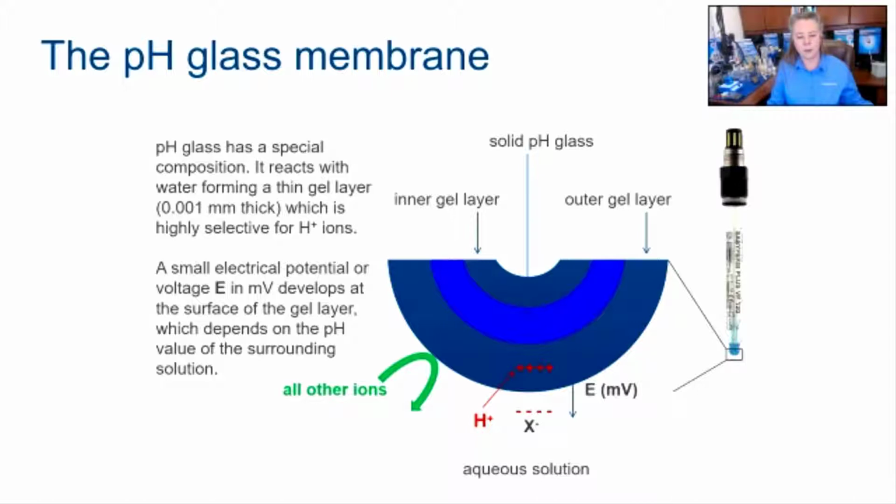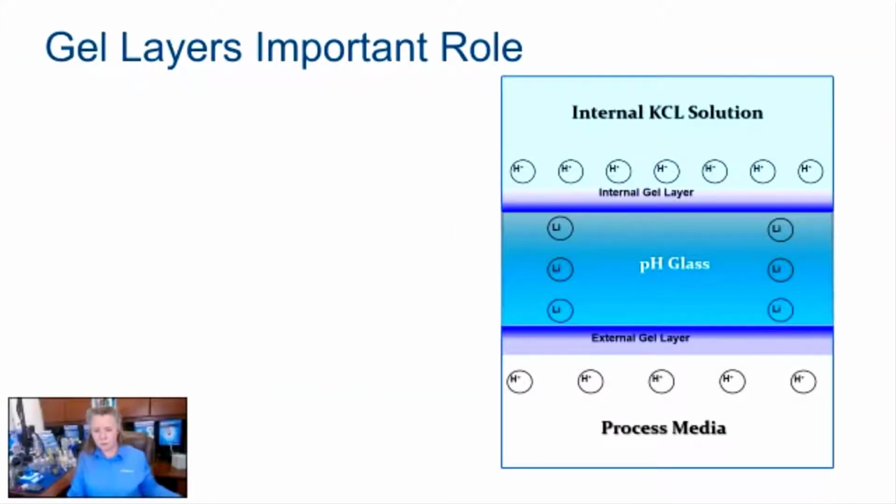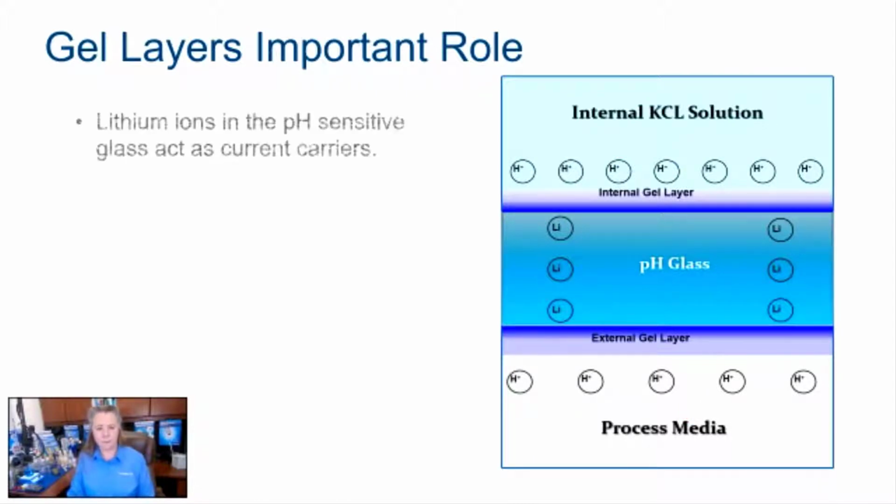Okay. How does that actually layer work? Well, basically, that pH glass is embedded with lithium ions. The internal KCl solution, which is buffered, has a set number, standard number of hydrogen ions, and the process side has different, whether it's acidic or basic. Okay, so the lithium ions act as current carriers.